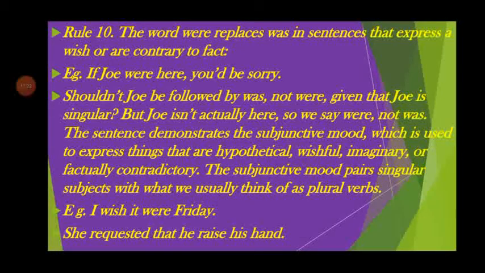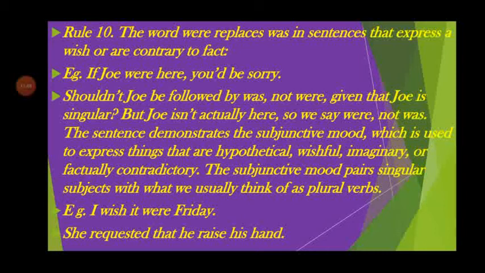Rule number 10. The word were replaces was in sentences that express a wish or something contrary to fact. If Joy were here, you would be sorry. So there, Joy is not there. It is not possible for Joy to come.